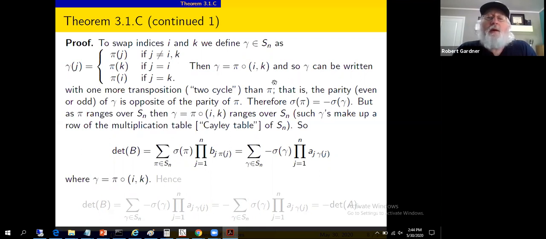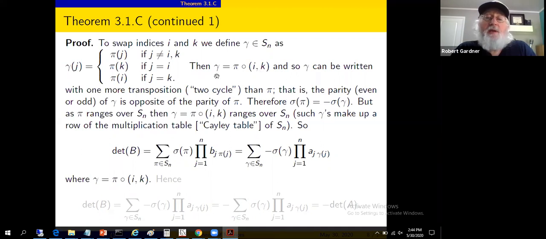I need to figure out this sign thing, the sigma thing, for what we've introduced here. And I see, hey, gamma can be written with one more transposition, the 2-cycle, than pi has. Pi can be written in terms of however many transpositions. It takes one more for a corresponding representation of gamma. That is, the parity, the evenness or the oddness of gamma is opposite to the evenness or oddness of pi. You represent pi as a product of an even number of transpositions.